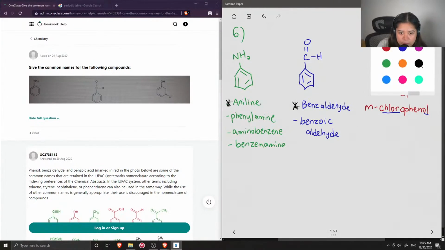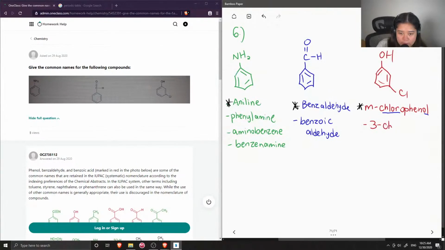So this is the most common name for this compound, but another name that it could go by is 3-chlorophenol. So the reason that it's 3 is because the alcohol group is carbon 1, and then if we number it towards the chlorine, then the chlorine is on carbon 3.